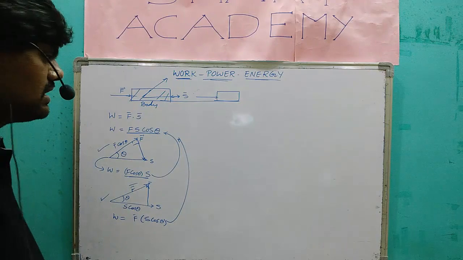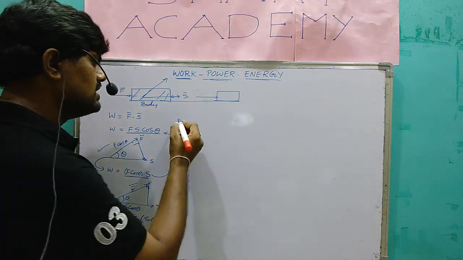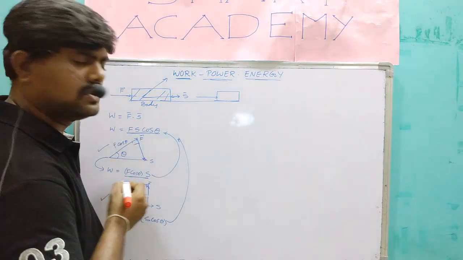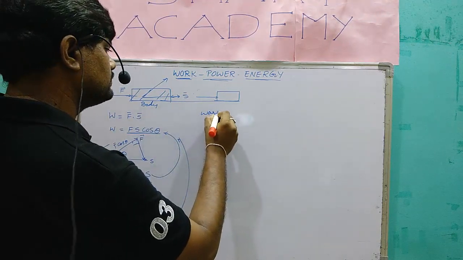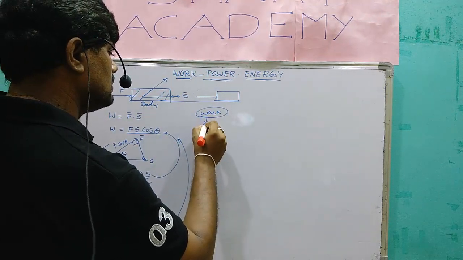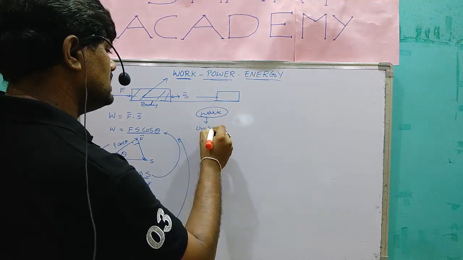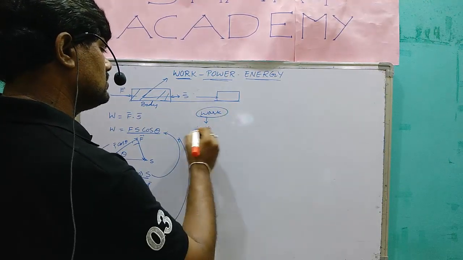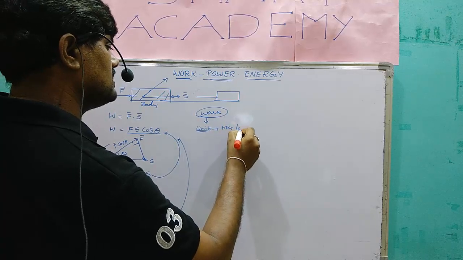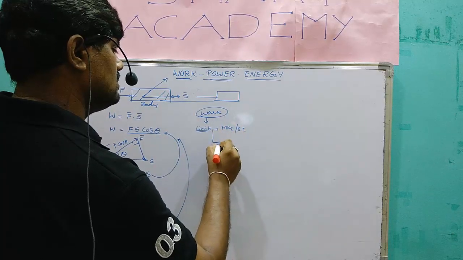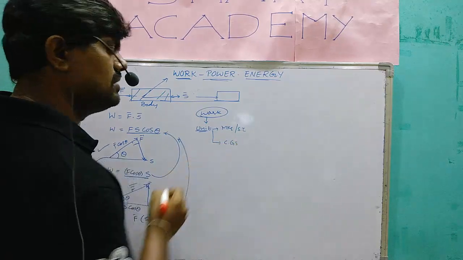Okay. Next, now we go for the units for the work done. So what are the units for work done? Work is always measured in MKS or SI units, and CGS units are there.